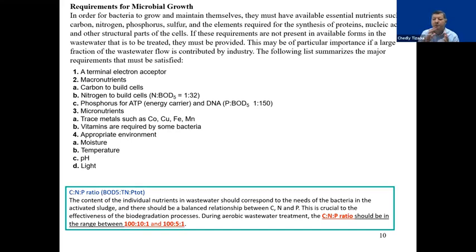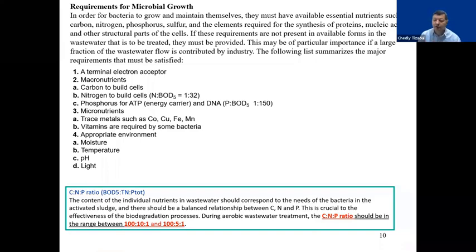So there is this optimum ratio between carbon, as measured by BOD5, total nitrogen, and total phosphorus, which should be within these limits, okay? And this is key. There are a lot of people who operate biological wastewater treatment and don't have knowledge of these concepts like the ratio between carbon, nitrogen, and phosphorus, and their systems are failing and they possibly don't know what's going on.